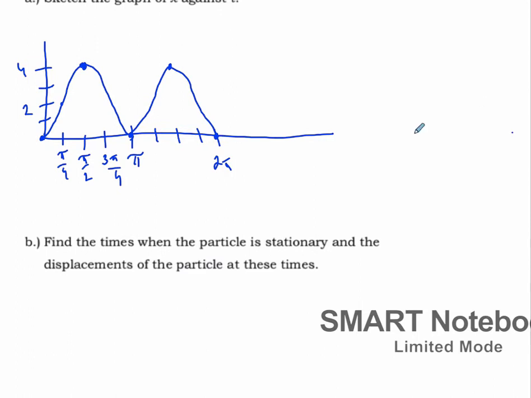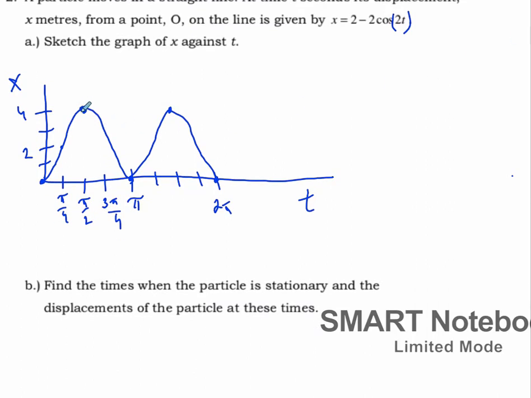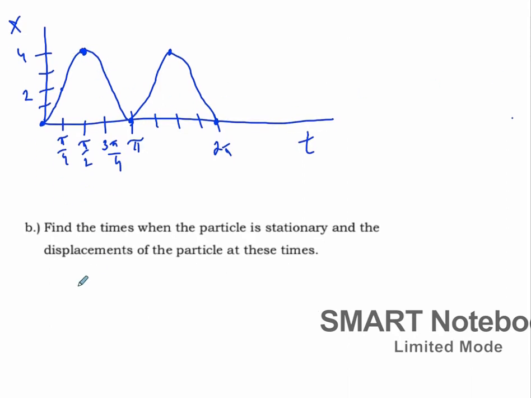Find the times when the particle is stationary and the displacements at these times. So remember, this is time and this is displacement here. Or actually, we often call that S. Well, we call it X in this case. So we can use calculus to find the derivative and then set that equal to 0, but you can see clearly from the graph that the stationary points are going to be at these locations.